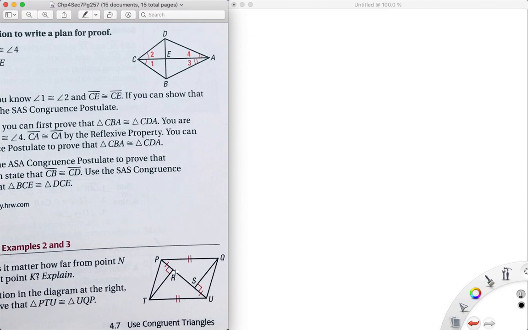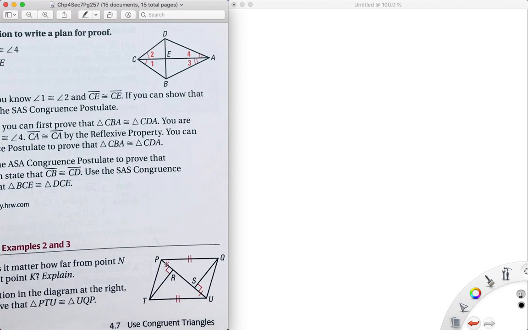So then I can say that triangle TRU is congruent to triangle QSP. And after I say that, then I can say that PT is congruent to QU. Congruent parts of congruent triangles are congruent.